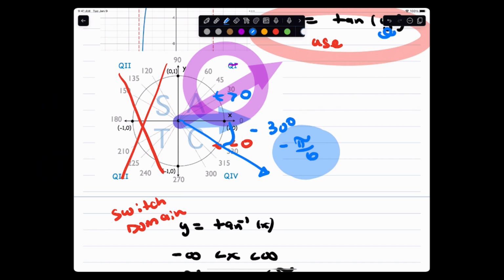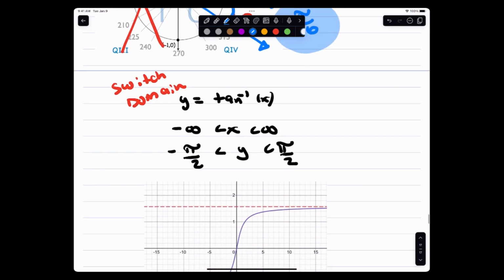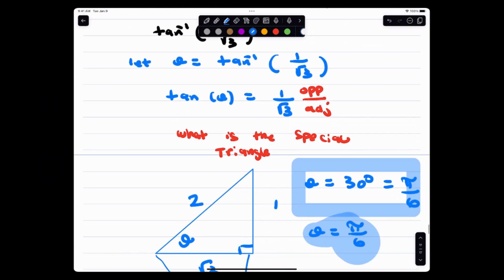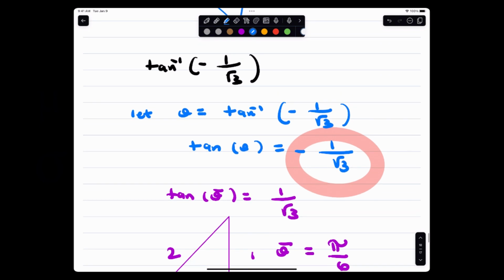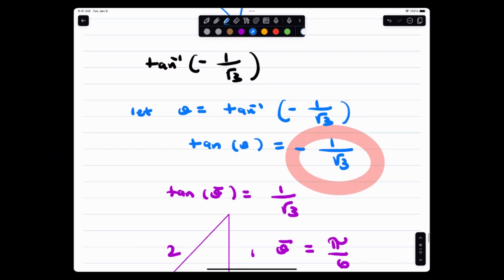So you're going to have to use the reference, ladies and gentlemen, because tangent is negative. It's not positive. They gave you a negative tangent question, not a positive tangent. You see that there? So we need theta, and so theta will be simply what? The negative pi over 6.